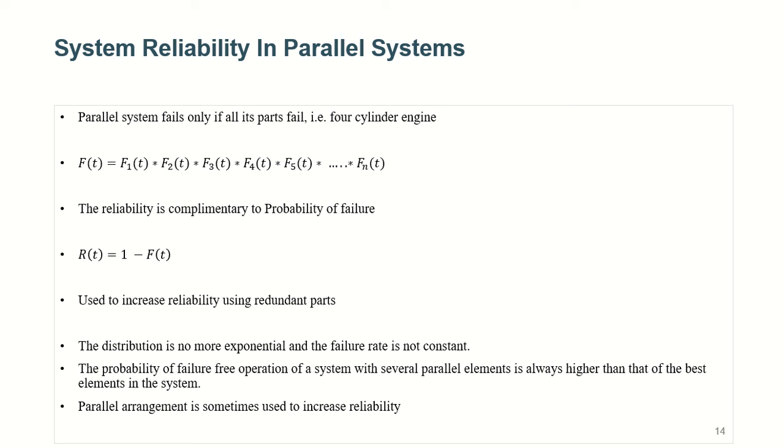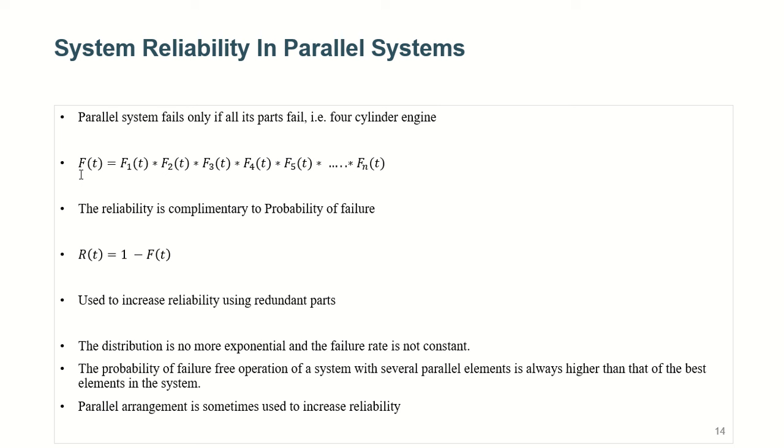So what happens in a parallel system? The probability of simultaneous occurrence of mutually independent events equals the product of the individual probabilities. So the resultant probability of failure is calculated as the multiplication of the probability of failure of each and every component. We want to find the resultant probability of failure, and we can represent it by F(t).